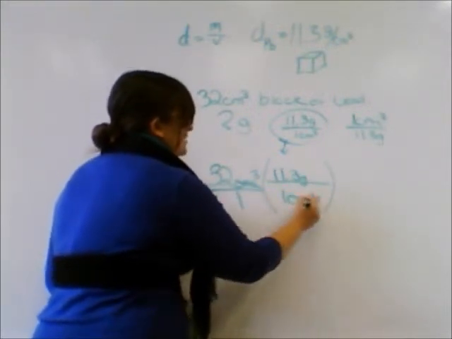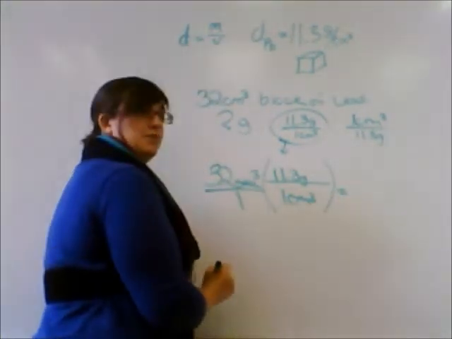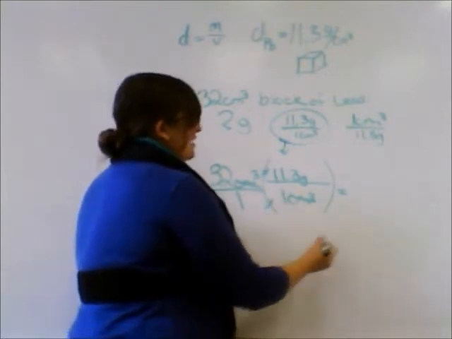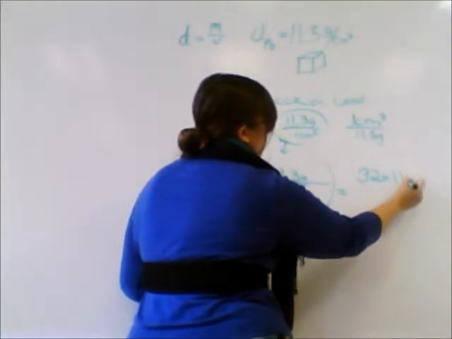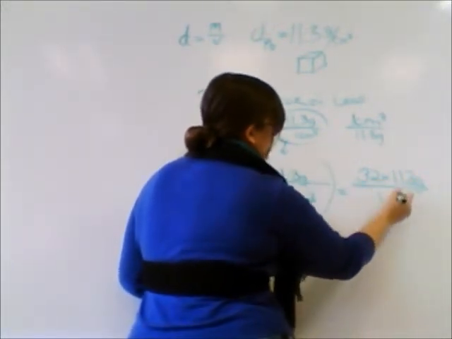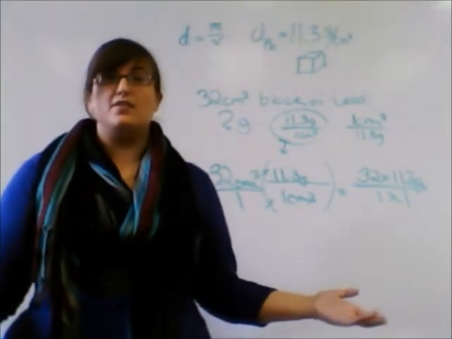So all you have to do is cancel out your centimeters cubed, hit equals, you put times across the top, times across the bottom, so you have 32 times 11.3 grams, and that's divided by 1 times 1. All you have to do is do the math, and you're good to go.